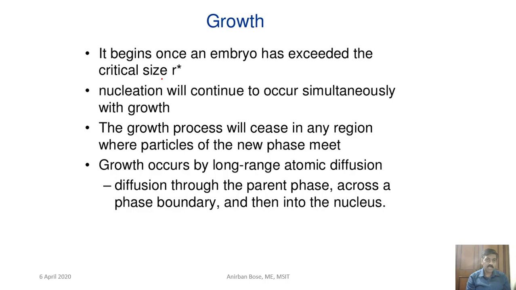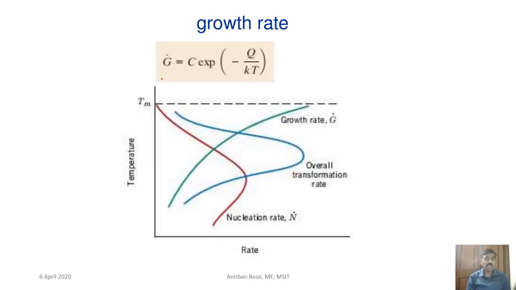So diffusion is the dominating phenomena here in the growth. So rather, the only thing that is important is the diffusion, and already you know diffusion is very much dependent on the temperature. And how is it depending on the temperature? Definitely with the increase of temperature, diffusion rate is more. That is why growth will also take place like this.